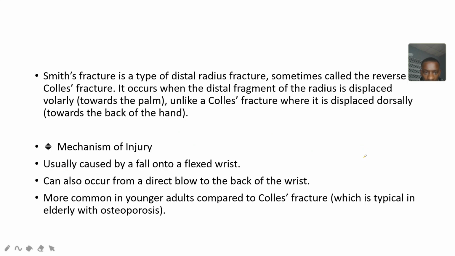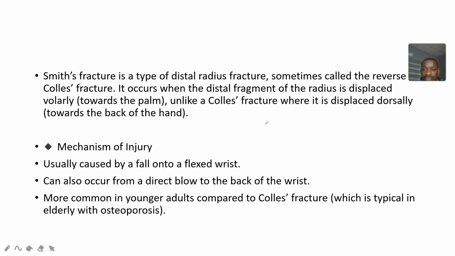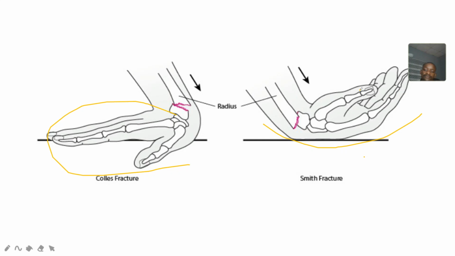Okay. So Smith fracture, just so you know, is a type of distal radius fracture, and it's sometimes called the reverse Colles fracture. Okay, so Colles is the other way around, Colles being the most popular. So it occurs when the distal fragment of the radius is displaced volarly, that's towards the palm.